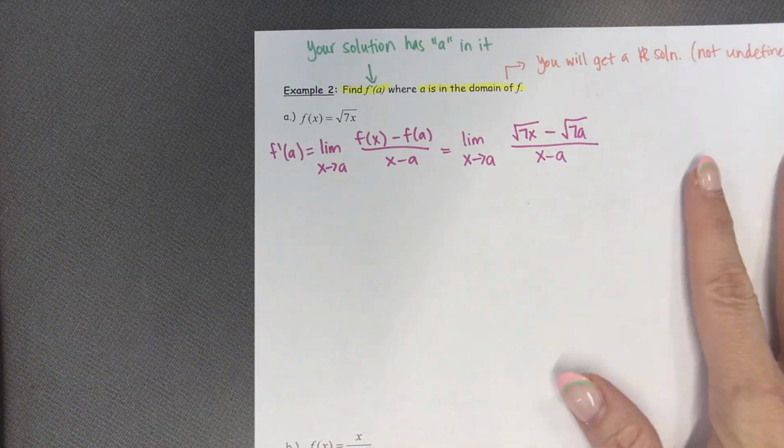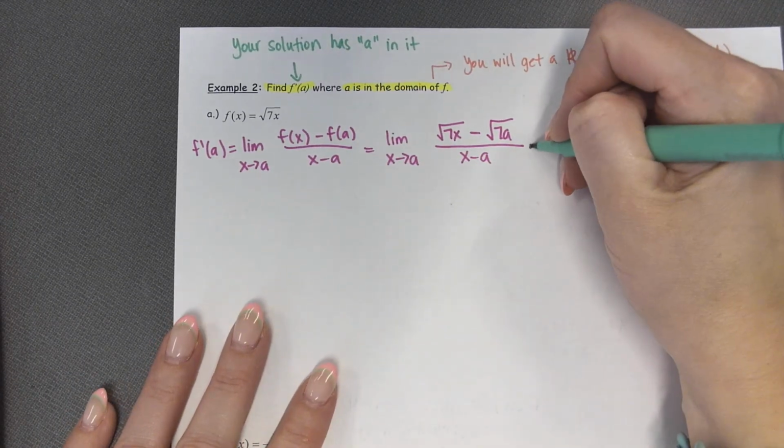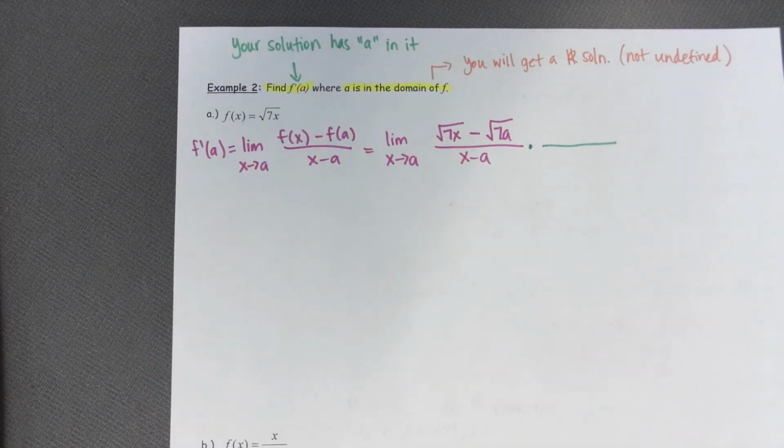So anytime we have a square root, what have we been doing to solve with algebra? Yeah, rationalize the numerator. So to rationalize the numerator, we're going to multiply by the conjugate. Write down what you think the conjugate is, and I will ask one lucky winner to tell me what they think it is.